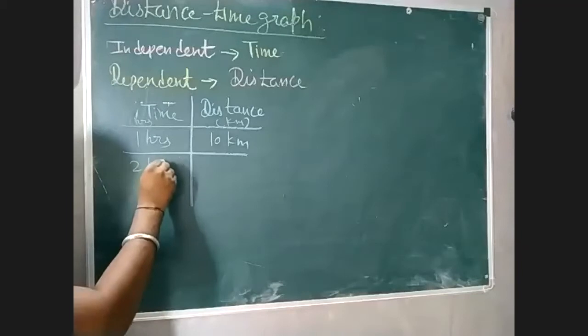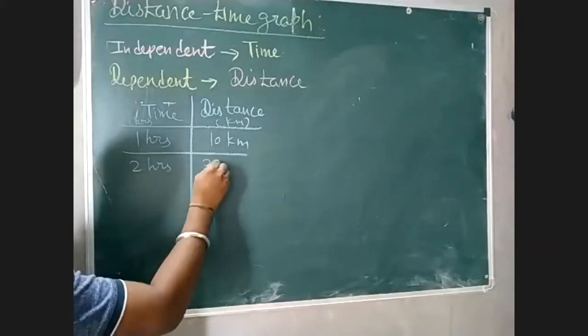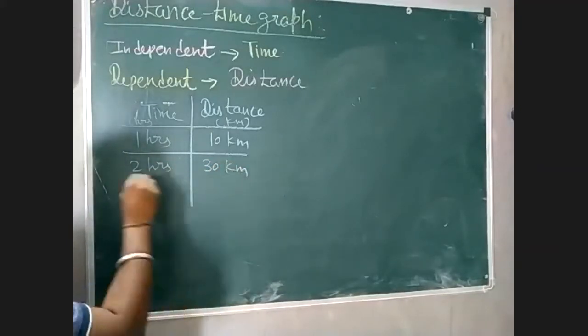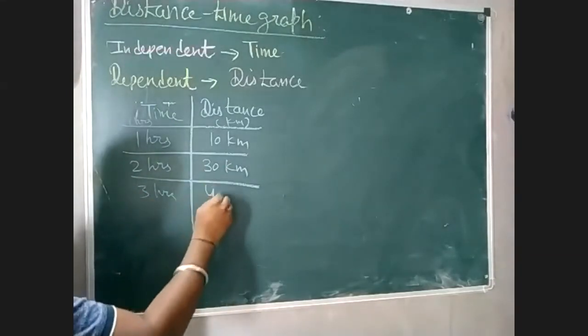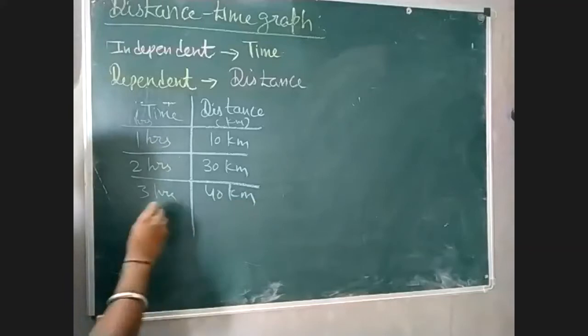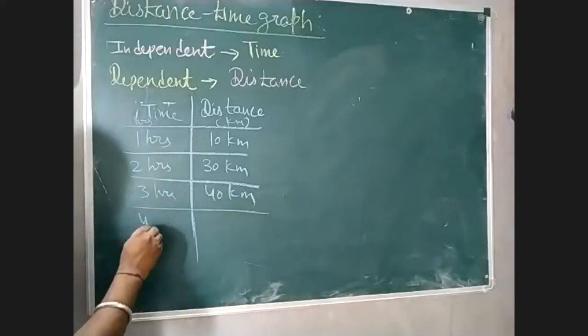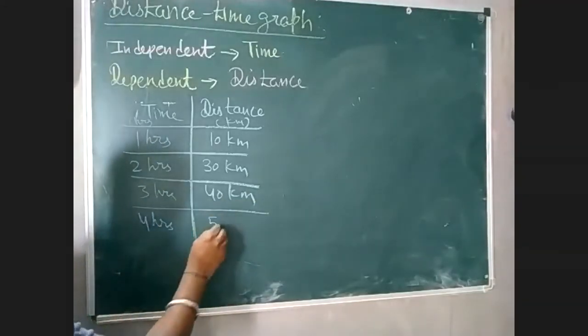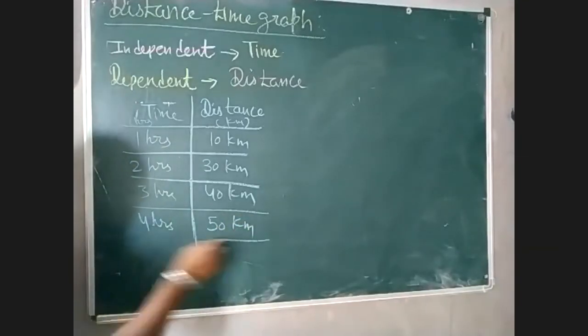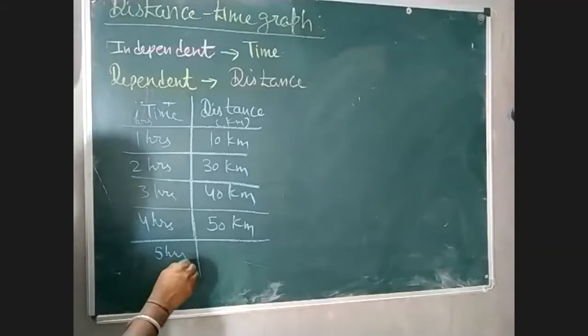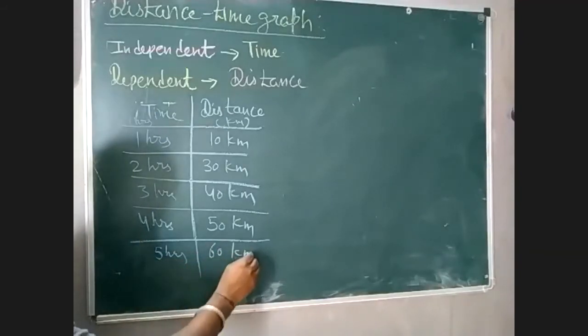Time is 2 hours, distance is 30 kilometers. Time is 3 hours, distance is 40 kilometers. Time is 4 hours, distance is 50 kilometers. Time is 5 hours, distance is 60 kilometers.